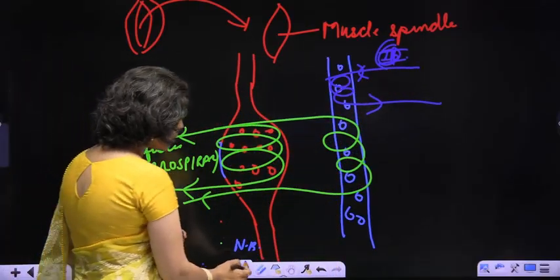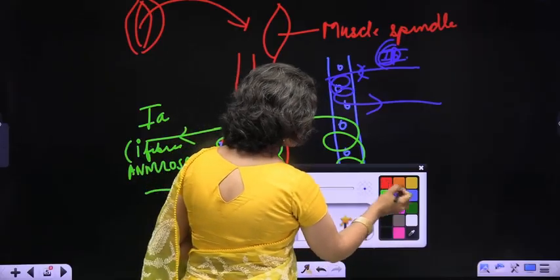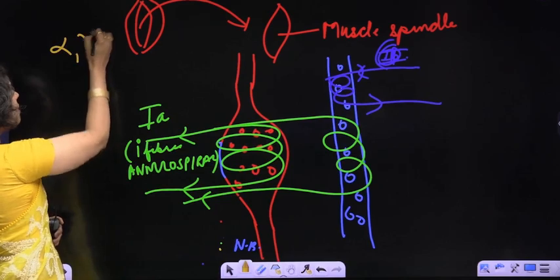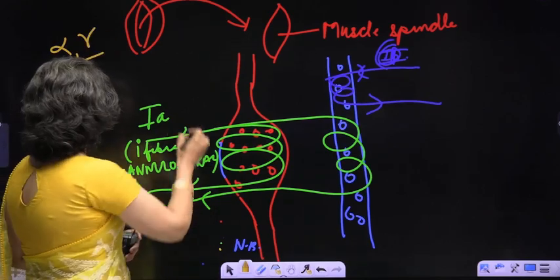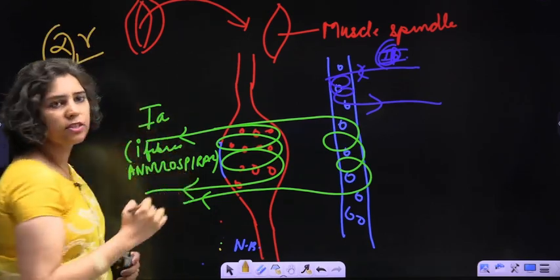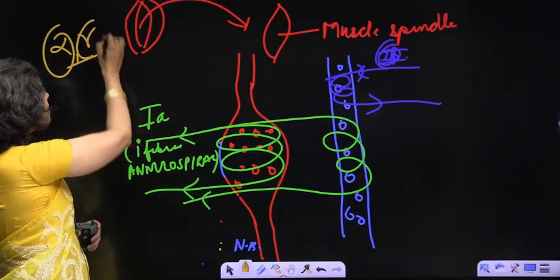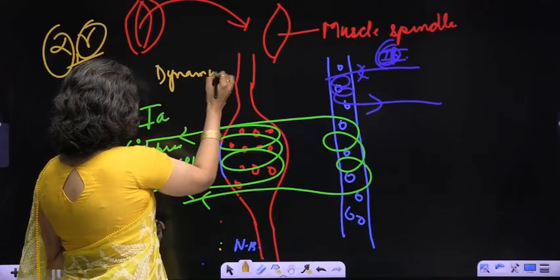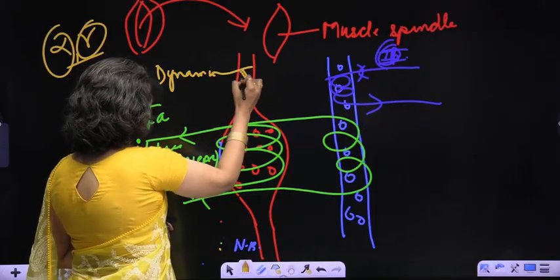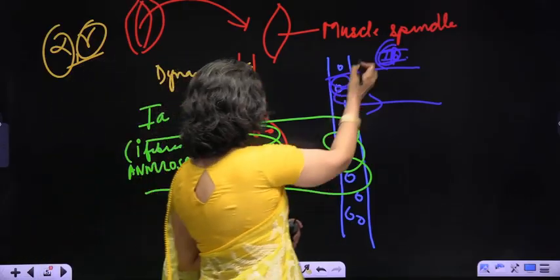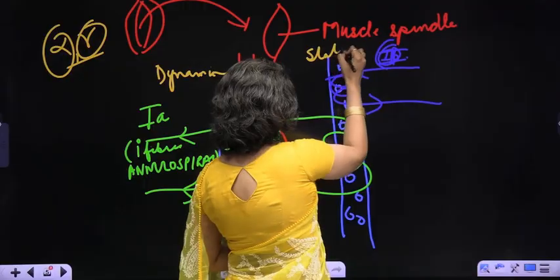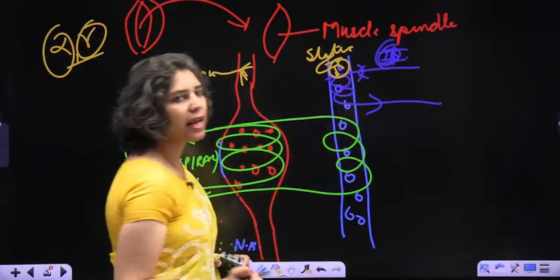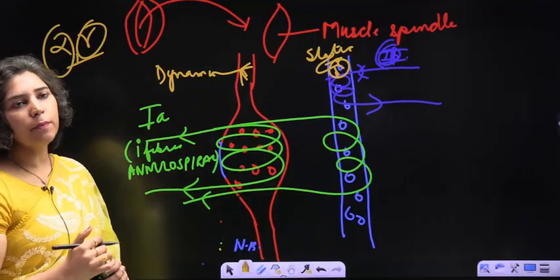Now, if we talk about the efferent nerve fibers, I had already told you alpha and gamma. Alpha is towards the extrafusal fibers, whereas the dynamic gamma nerve supply is towards the nuclear bag fibers, whereas the static gamma supplies the nuclear chain fibers and the static nuclear bag fibers.